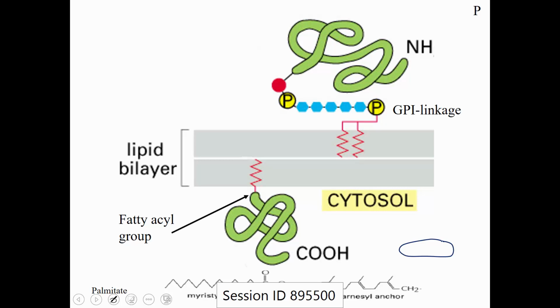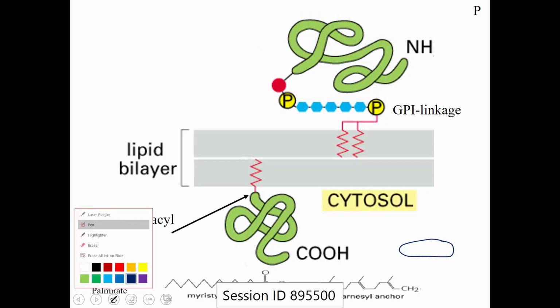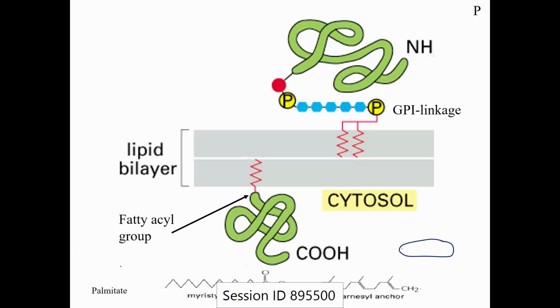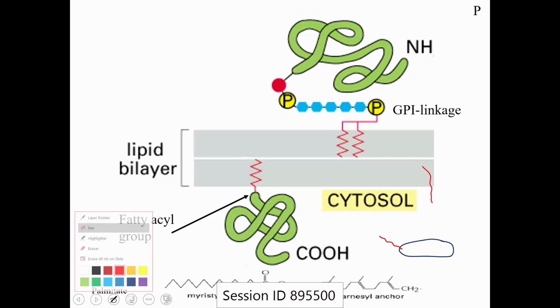And after they're produced, or while they're being produced, a little fatty acid tag is put on them. So if they are to reside in the plasma membrane, will they reside in the inner leaflet or outer leaflet of that membrane? Has to be the inner, because they are not going to be able to make it to the outside portion. So these guys will always be sitting inside the membrane.